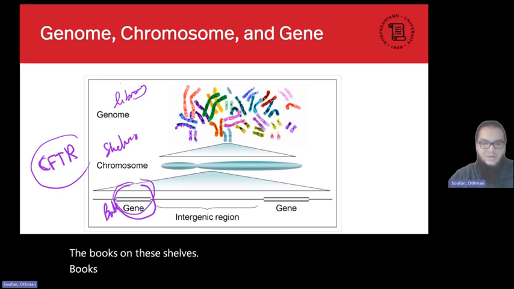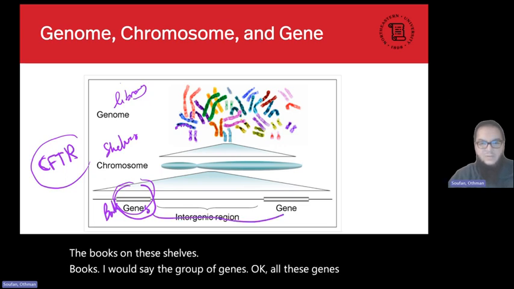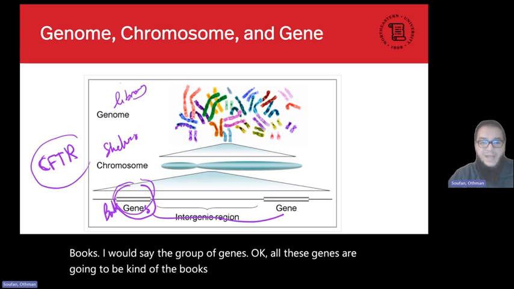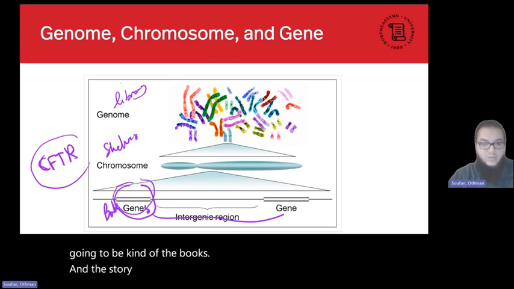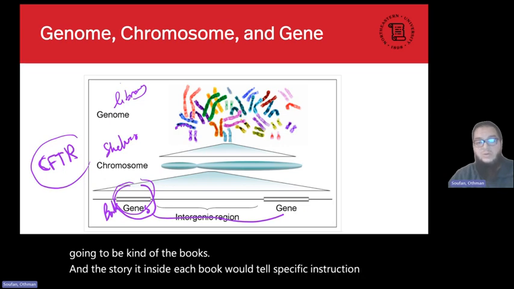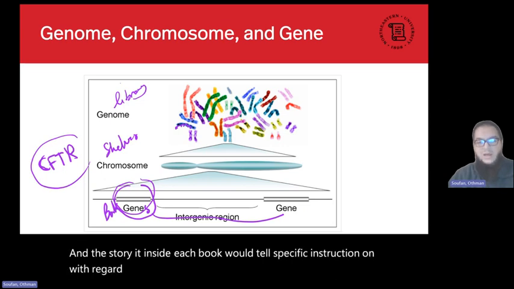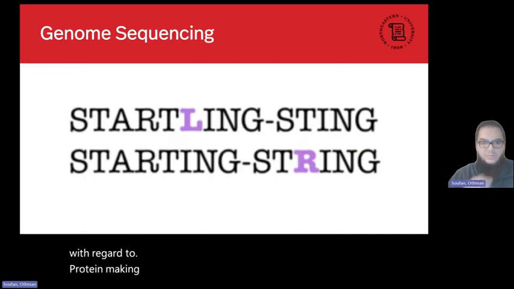I would say the group of genes, all these genes are going to be kind of the books. And the story inside each book would tell specific instructions with regard to making proteins, and so on and so forth.